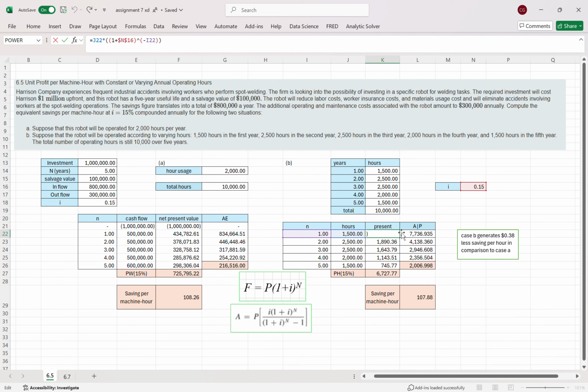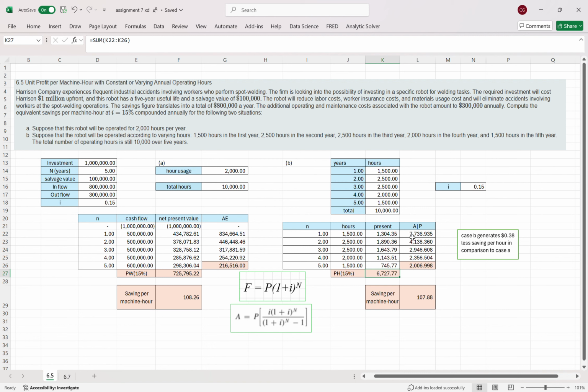Once I set up that formula, I dragged it down for all 5 periods, and then I added all the present hours, and I got a value of 6,727.77 hours.